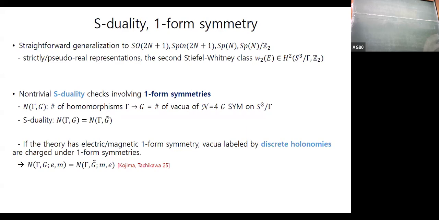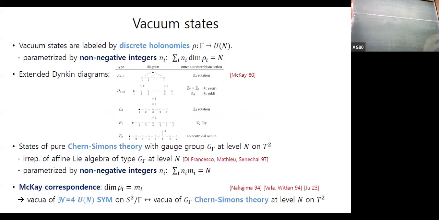Coming back to that, these are now the integrable representations of SU(K) at level N and SU(M). The height is always less than K. I was thinking of the width, height.